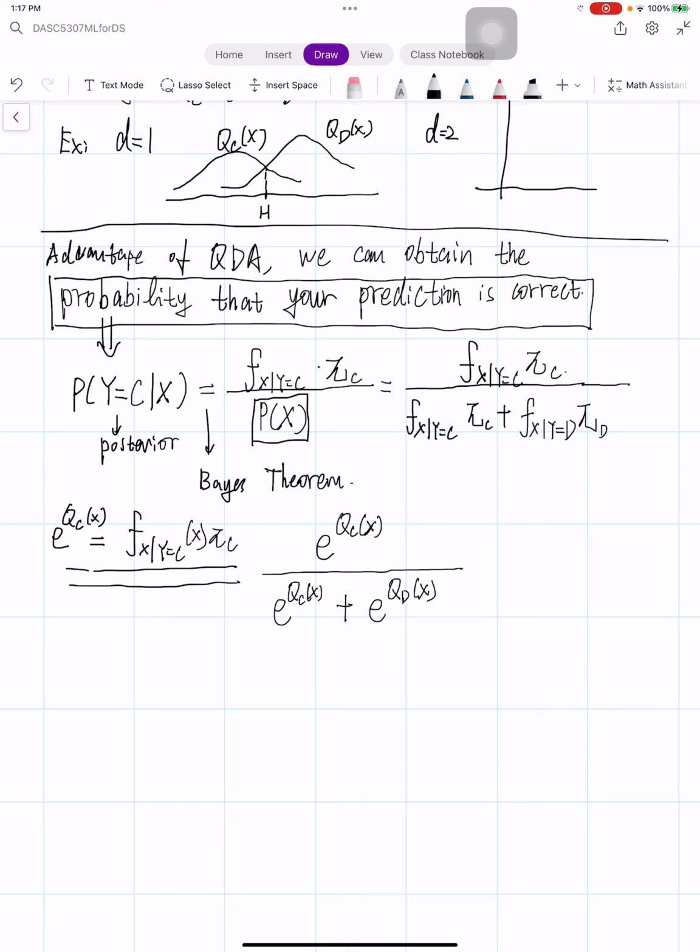And then we can divide the numerator and denominator by the same constant, e to the power QC of x. We can get 1 plus exponential of QD of x minus QC of x.